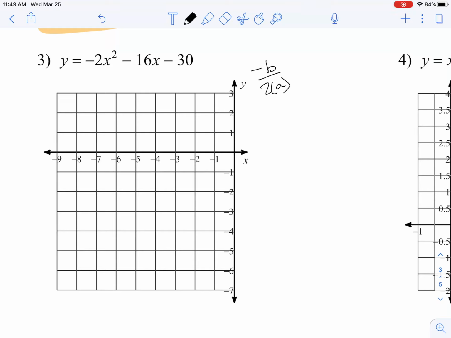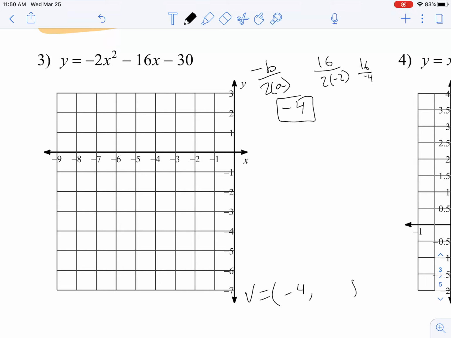The opposite of our b value is positive 16. So the opposite of b over 2 times a, which is negative 2. That's 16 over negative 4. And that means 16 divided by negative 4, which gives us a negative 4. So my first point in my vertex is a negative 4.